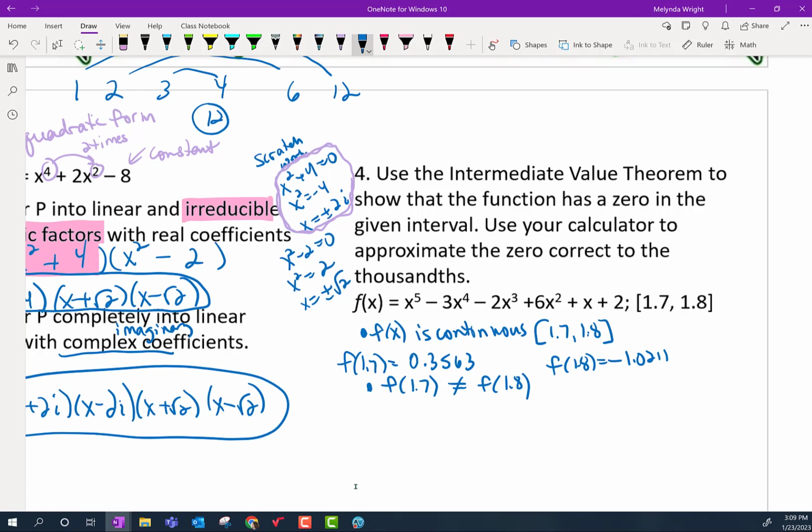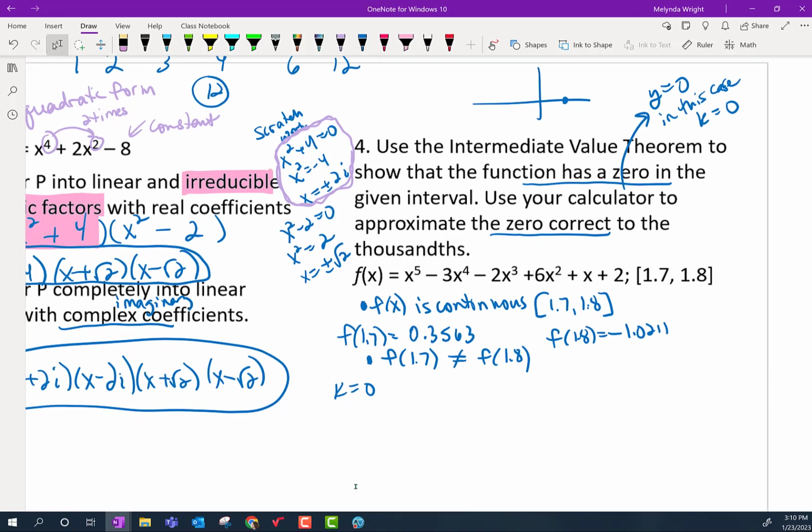My third one, they're telling us to approximate the zero, or they want to know that shows the function has a zero. What does that mean? That means y equals 0, right? These are zeros, so y is 0. So in this case, k is 0. That's what it's saying. The y value is 0. Okay, so k is 0.